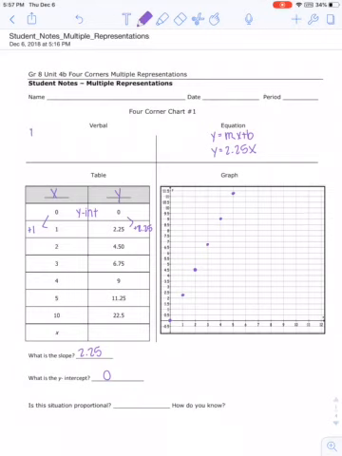So that could be Bob, I know it's super original, pumped 2 and 25/100ths gallons per minute. And that could describe our relationship in words.